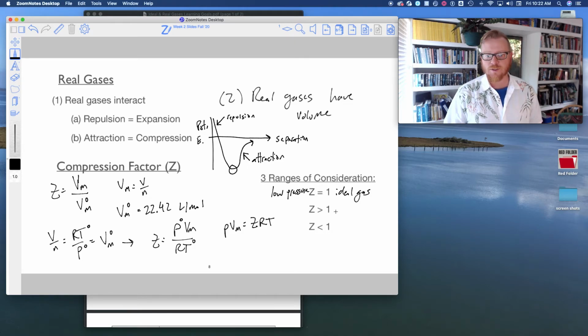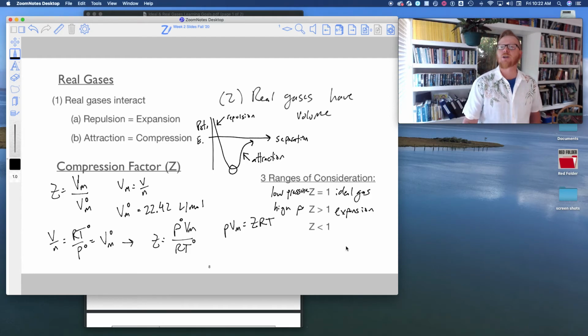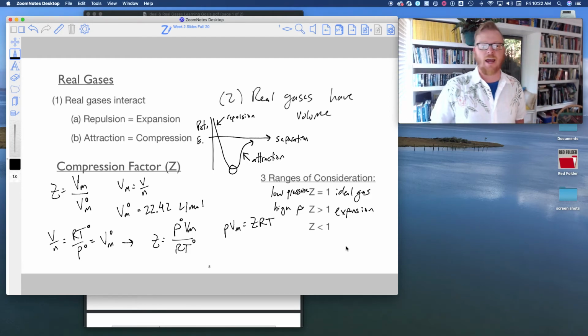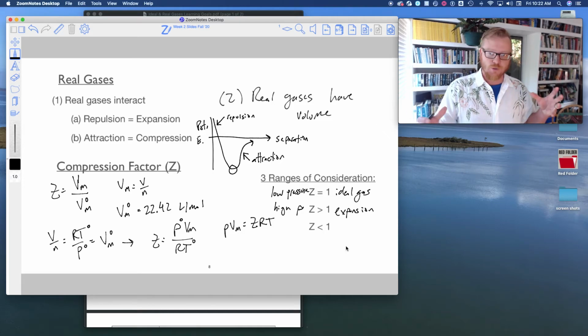Okay, so we'll say that would be expansion. And so the result of that could be from repulsive forces dominating. And that's going to be from high pressure, right? Because under high pressure, we'd be forcing all these molecules to get together. And perhaps they don't like that. We're forcing them to get too crammed together. So they're going to want to separate.